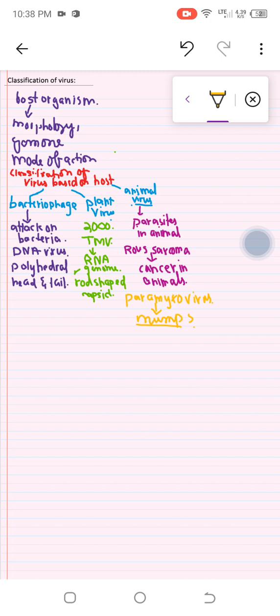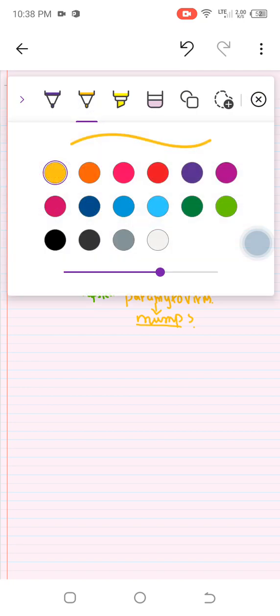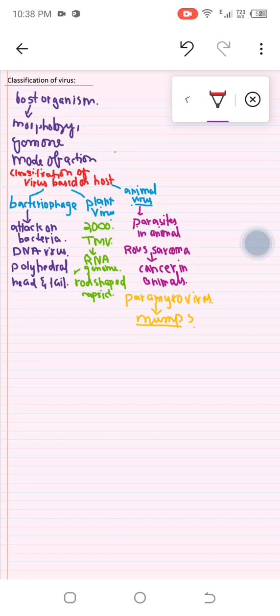Now I'm going to discuss the classification of virus based on structure. How the virus is classified on the structure.